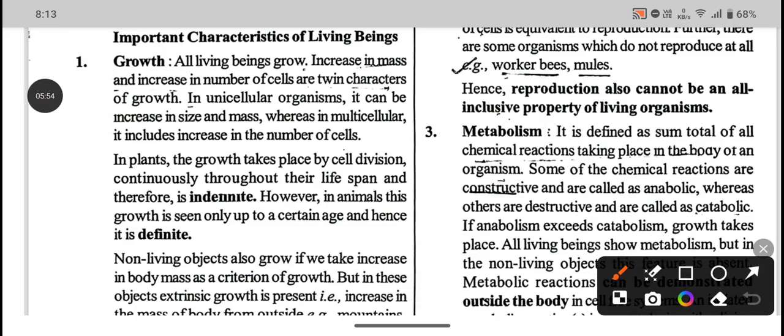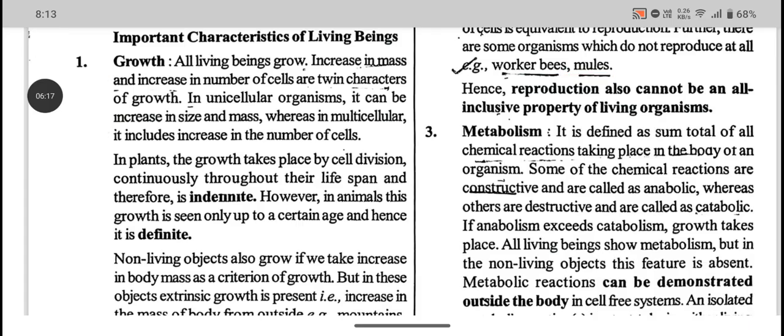Worker bees and mules are actually living, but due to their incapability to reproduce, we can't take these organisms as examples for this characteristic. So that's why reproduction is not a single characteristic we need to take into account. There are some other characteristics which we need to understand.